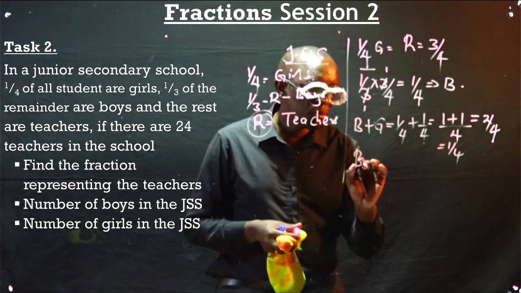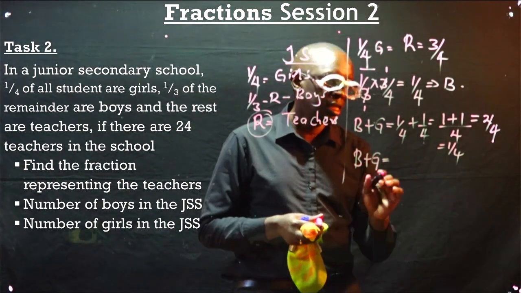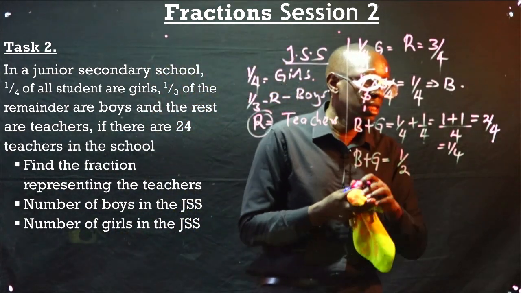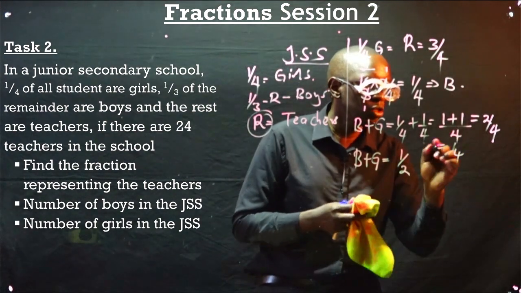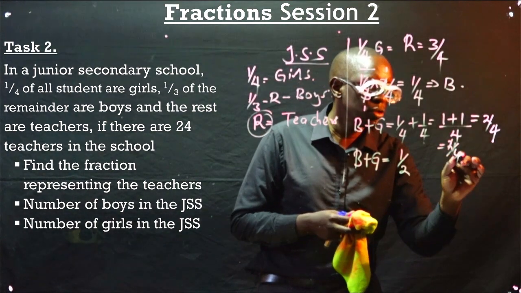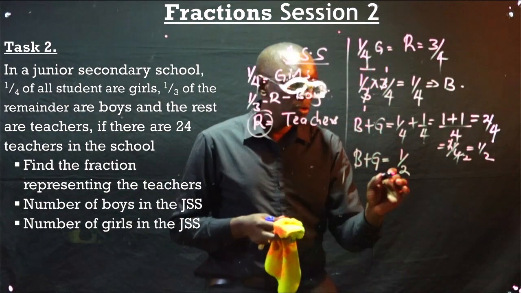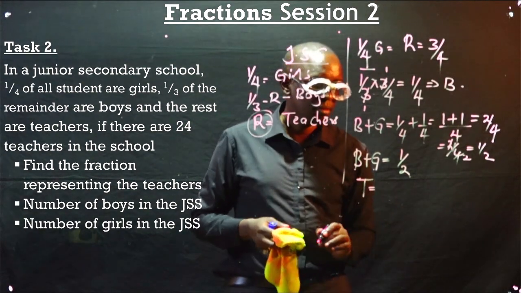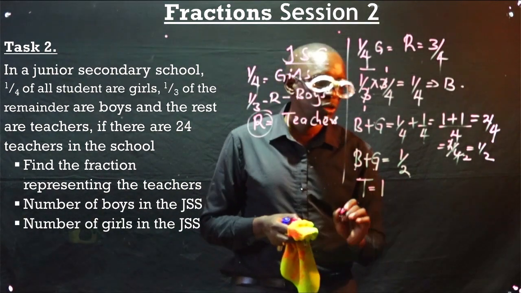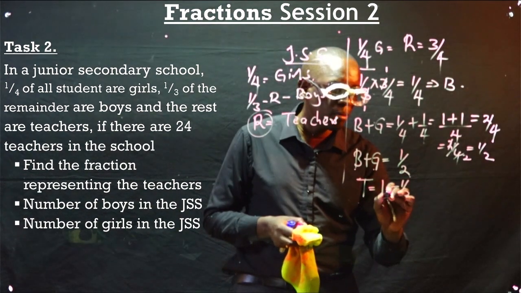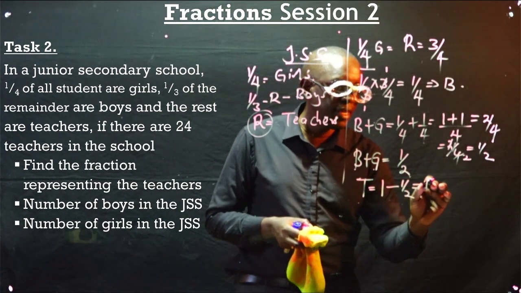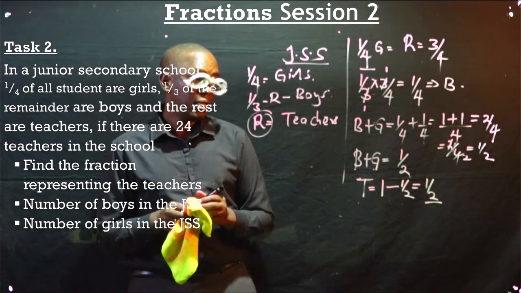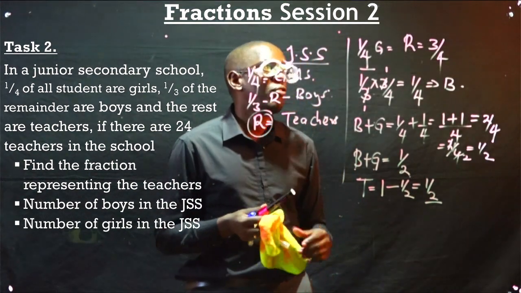Meaning when you put boys and girls together, they form a half. So if the boys and girls are a half, what about the teachers? The teachers will be the total population, which is 1, minus a half, so teachers will be a half of the population.